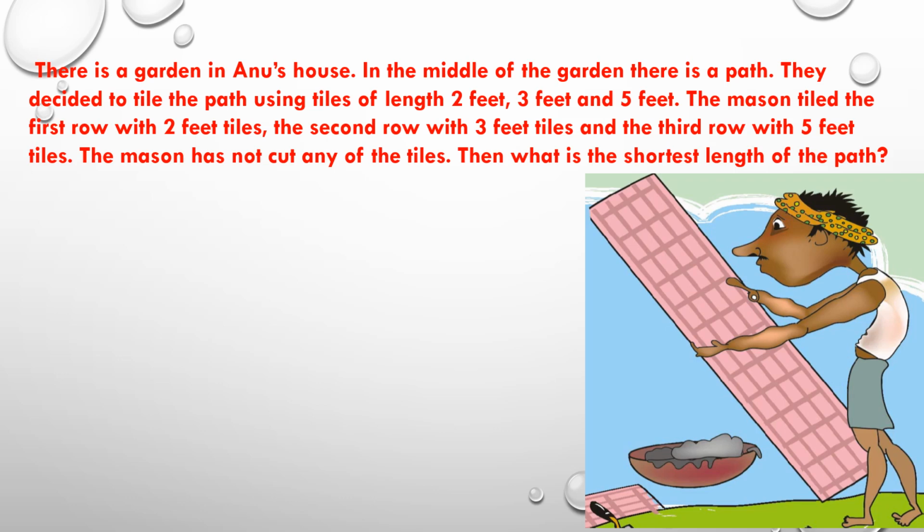The mason has not cut any of the tiles. Okay. He hasn't cut any of the tiles, whether it is 2 feet, 3 feet or 5 feet. Then what is the shortest length of the path?